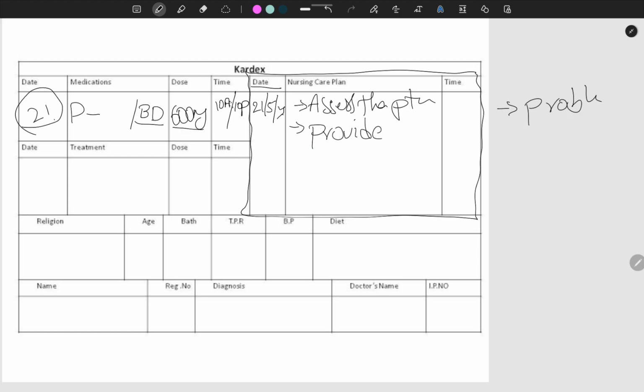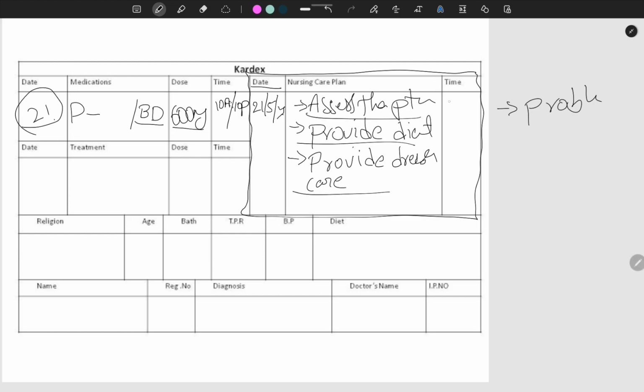Not "providing", you write "provide diet". I'm just giving examples. Otherwise the next thing is "provide dressing care". Like that, whatever treatment, whatever care you are going to plan for the patient, you have to write here.